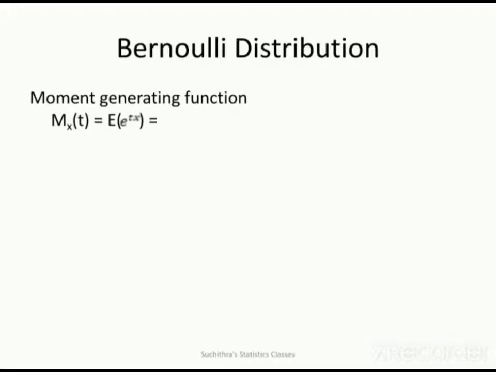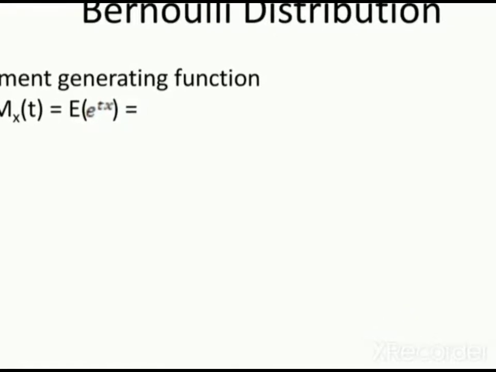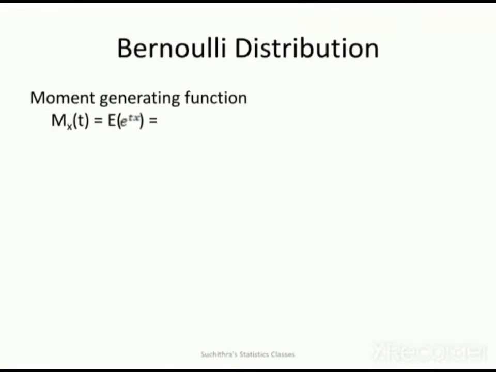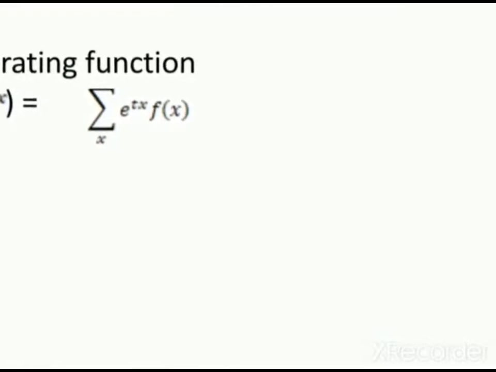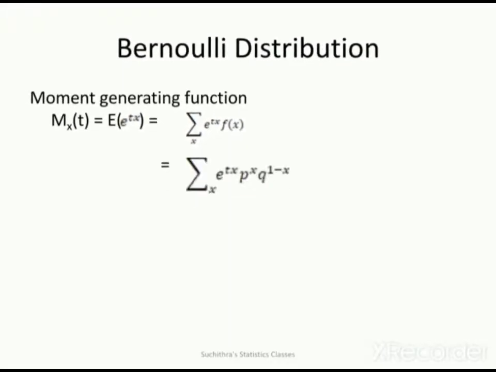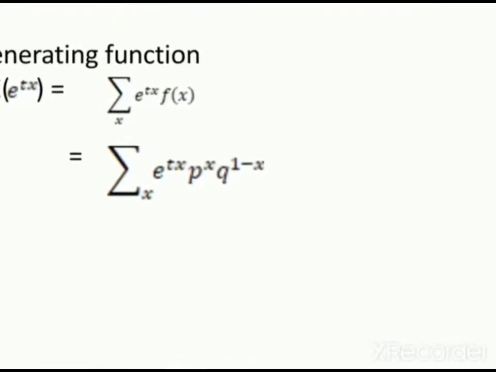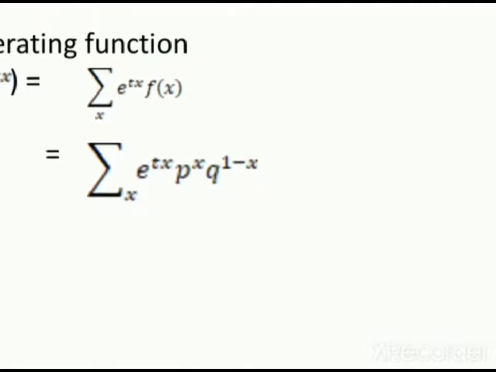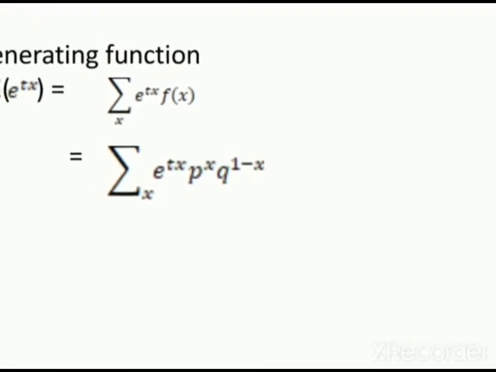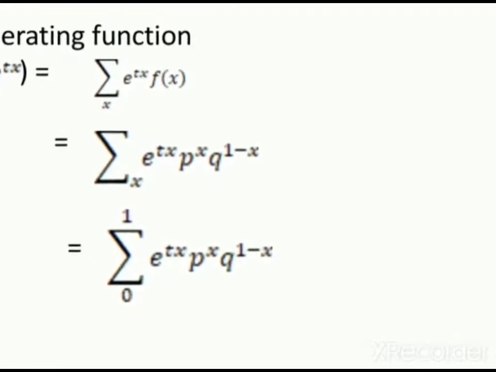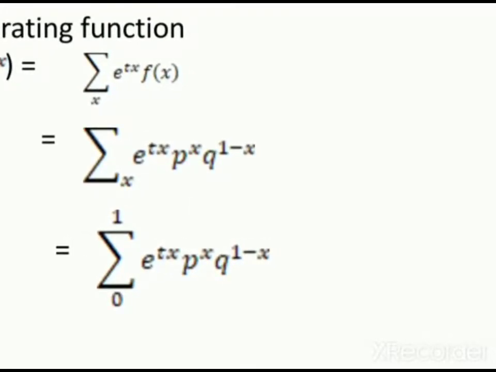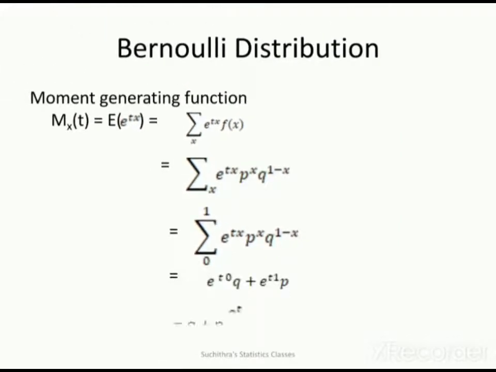Its notation is M x of t, and its definition is M x of t equal to expectation of e raised to tx, which is equal to summation over x of e raised to tx f of x, which is equal to summation 0 to 1 of e raised to tx p raised to x q raised to 1 minus x, which is equal to q plus p e raised to t by substituting the values 0 and 1 for x.